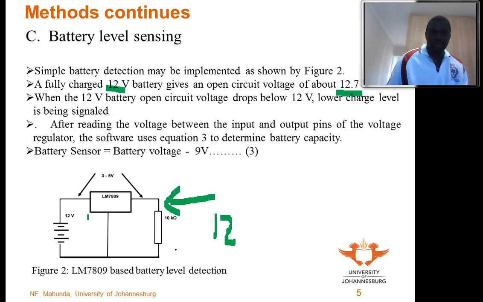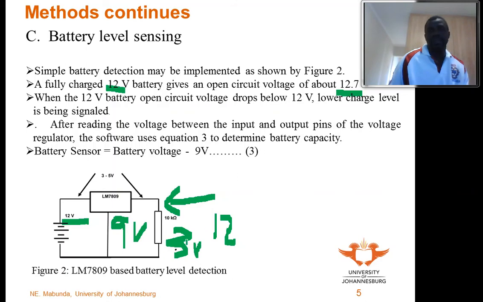Now, by the voltage divider rule or Kirchhoff's law, if across the regulator we've got 9 volts and your input is 12 volts, then the output will result from the difference of the two, which in this case will be 3 volts.